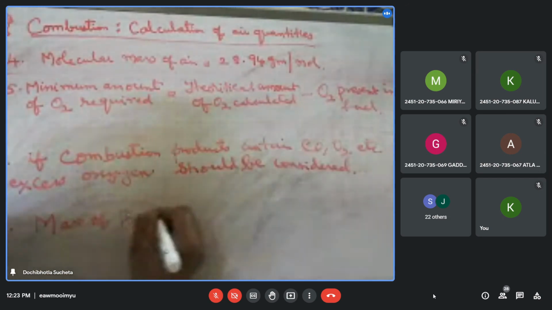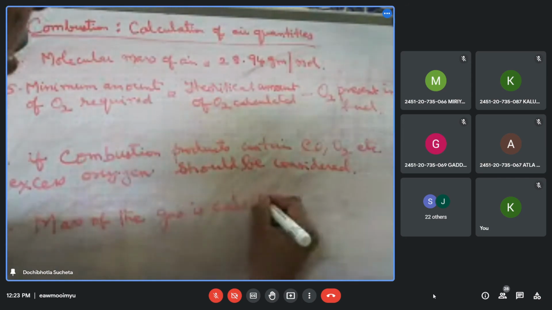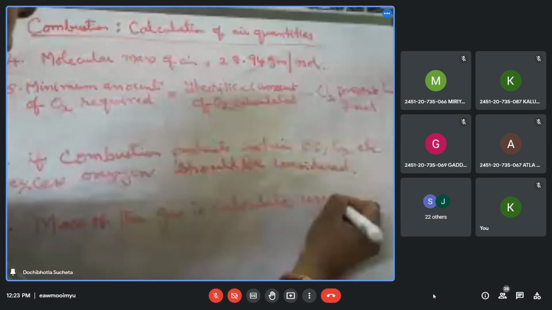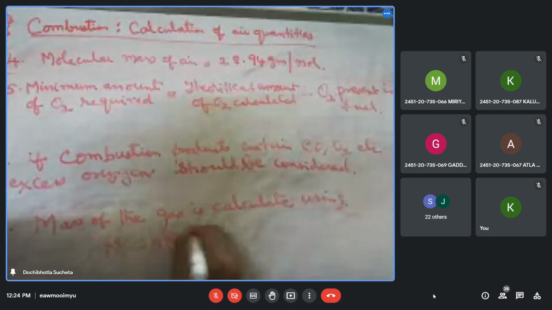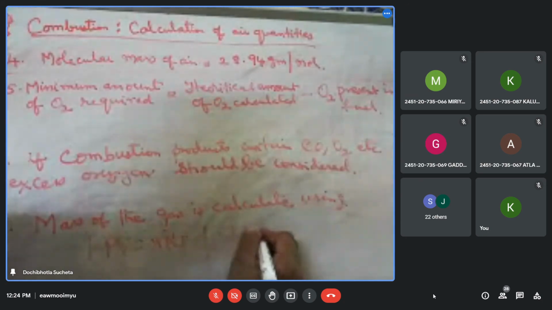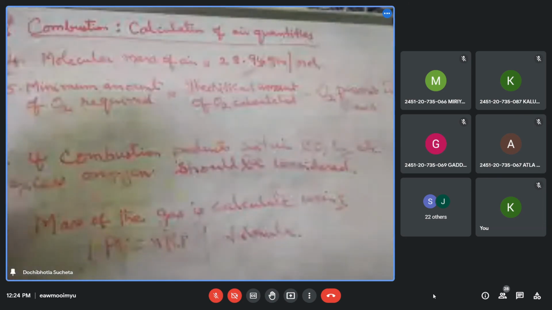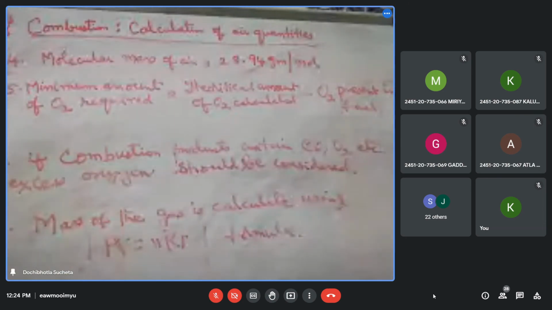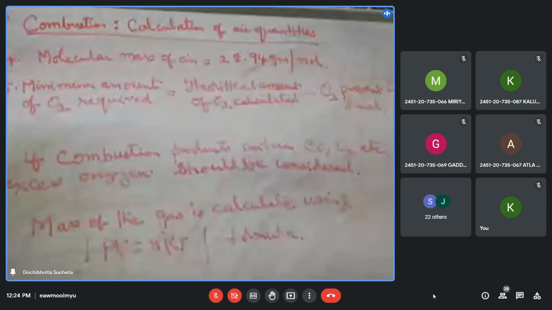Mass of the gas is calculated using PV is equal to nRT formula. Okay. Next, eighth one.